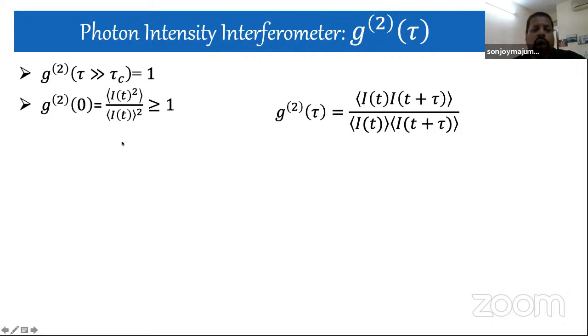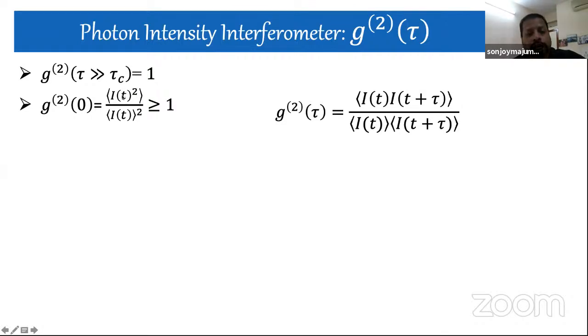So let's see what would happen when tau equals 0, which is less than tau c. Just for curiosity, and it is easy to calculate. If you replace tau by 0, you get I square, and you have to do the time average. Whatever fluctuation I has, if you square it up, all becomes positive.